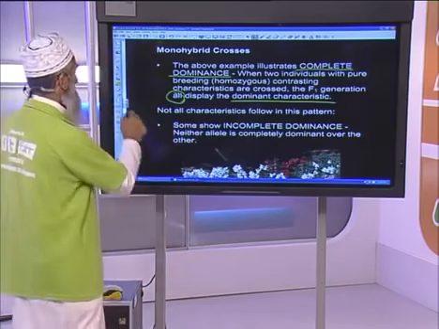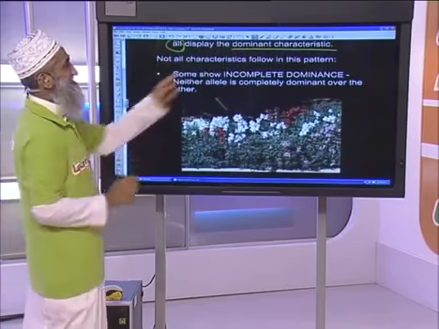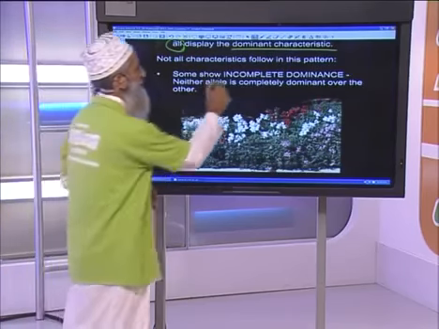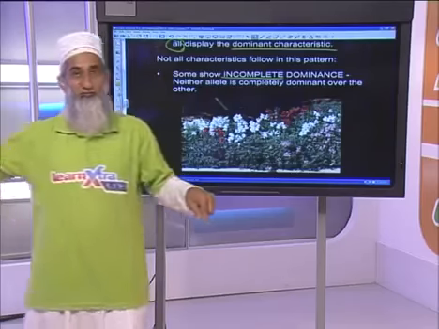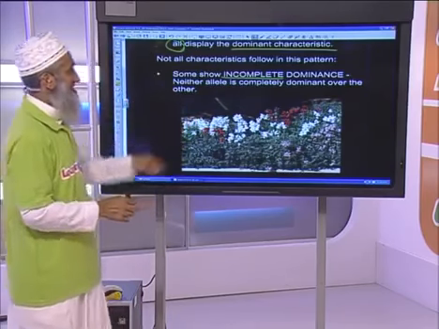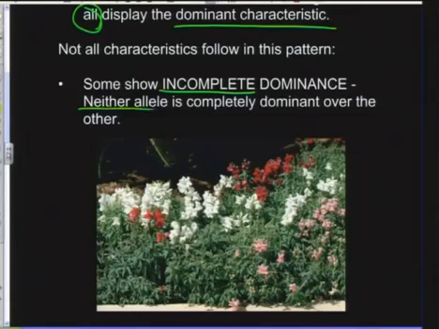Why did I do that now? Because the next one we are talking about, not all the characteristics follow this pattern. Some show incomplete dominance. Now here, what happens? Neither allele is completely dominant over the other.